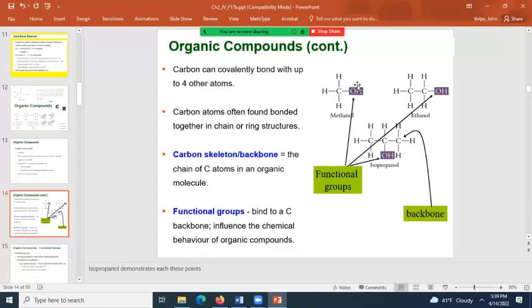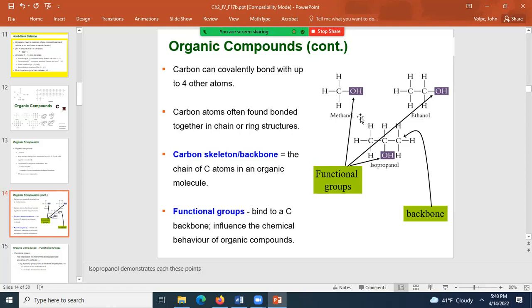And this we call a functional group because the OH group gives this molecule different properties than it would have without the OH group on it. For example, methane is a gas and it doesn't dissolve in water. Methanol is a liquid and it does dissolve in water. And you probably know that because ethanol is drinking alcohol and it looks pretty much like water. And it certainly dissolves in water.